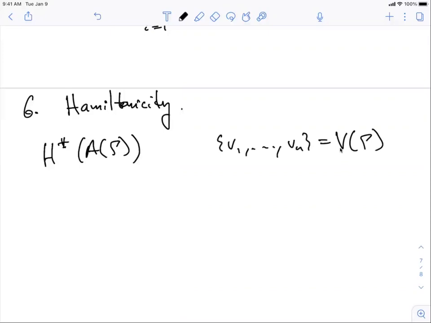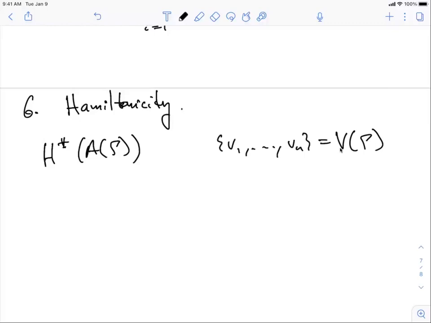If we view them as elements of A of gamma, then in the abelianization of A of gamma, they form a basis for the homology of A of gamma with any ring of coefficients. So maybe let's say Z. And then you can build a basis for first cohomology with coefficients in Z simply by taking the dual basis.